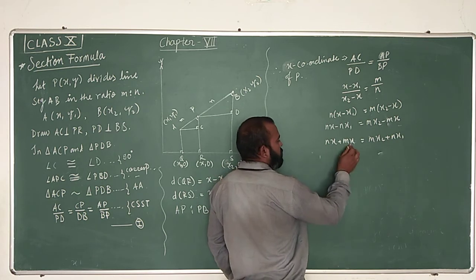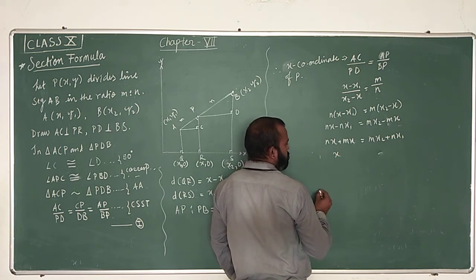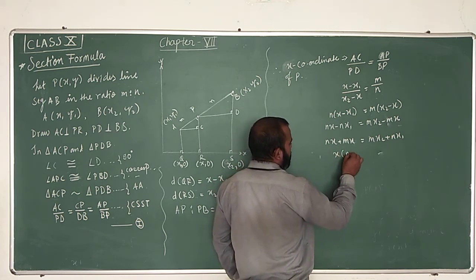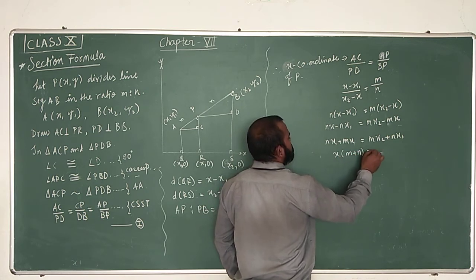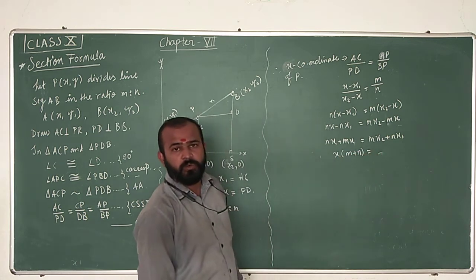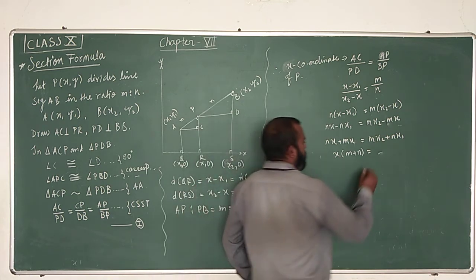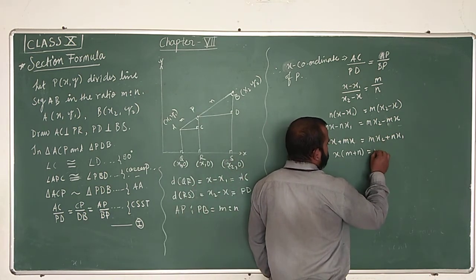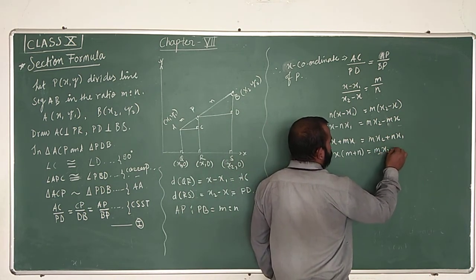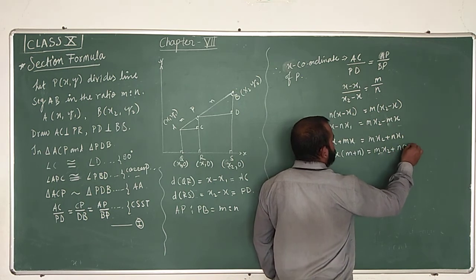What can we take out common from here? x. What remains inside the bracket? m plus n. Equals to, here nothing is common, so mx2 plus nx1.